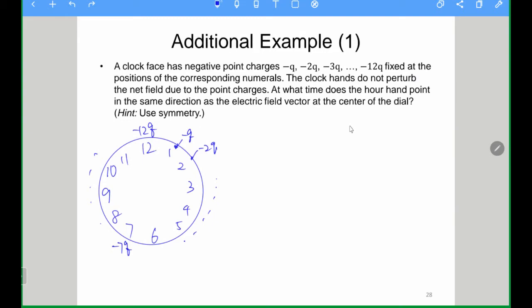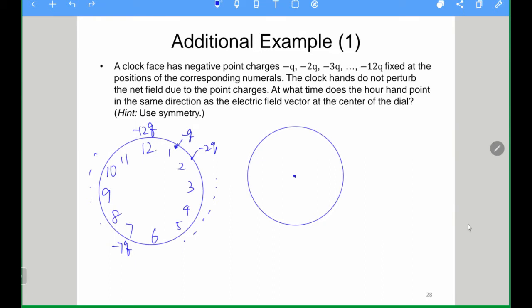So here we need to determine the direction of the E field. Actually we can do some cancellation, considering symmetry. It asks for the E field at the center of the clock face, which is this center point.